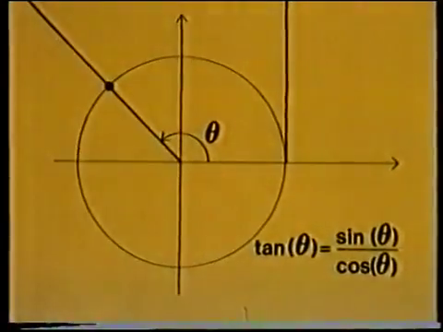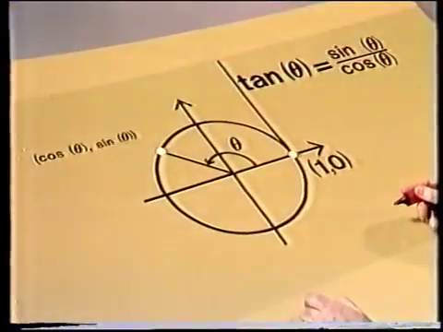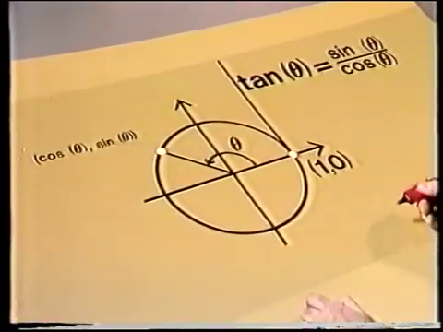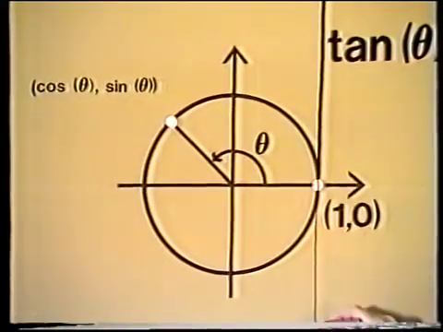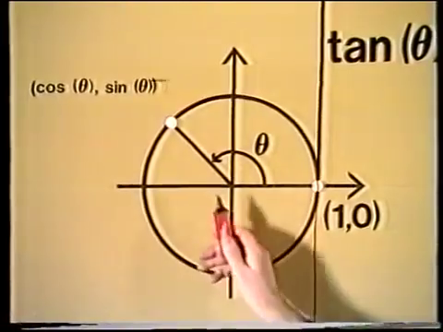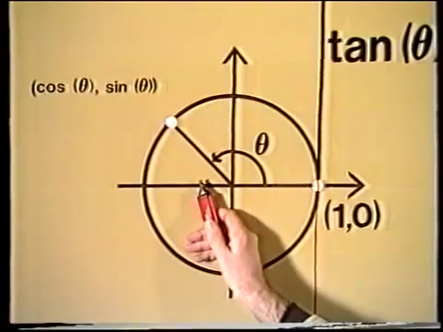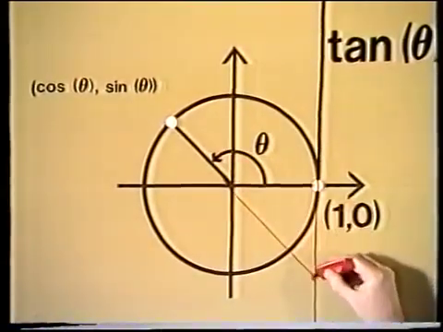What happens if we increase theta beyond pi over 2? What's tan theta now? Well, we still divide by cosine theta to get a point whose coordinates are 1, tan theta. And that point with x-coordinate 1 must lie on this line. Now we're dilating by 1 over cosine theta, which in this quadrant is negative. So we have a negative scale factor, which explains why we end up down here.